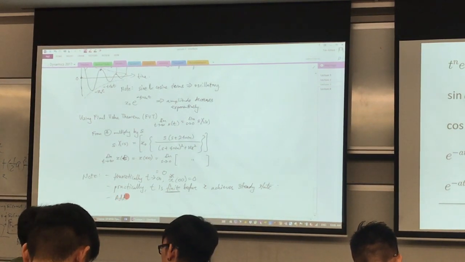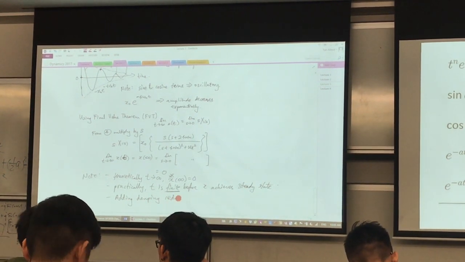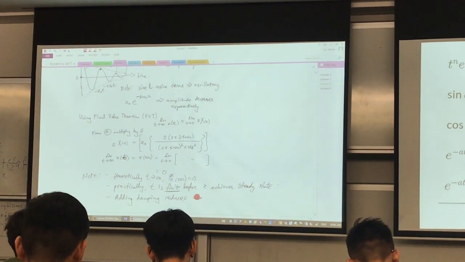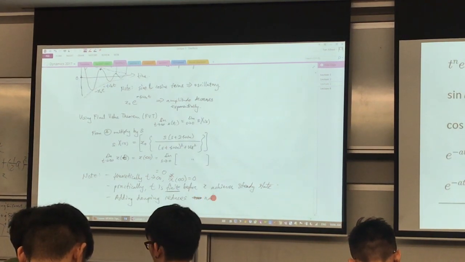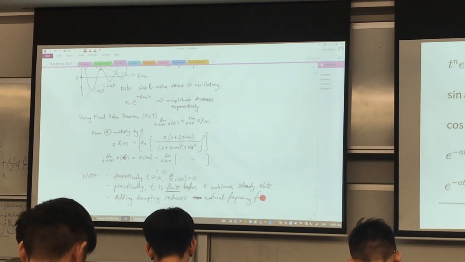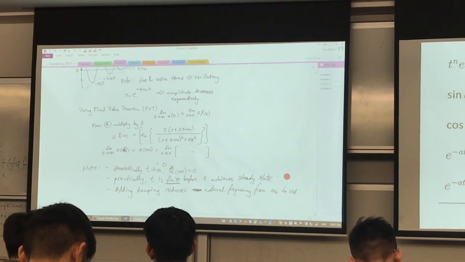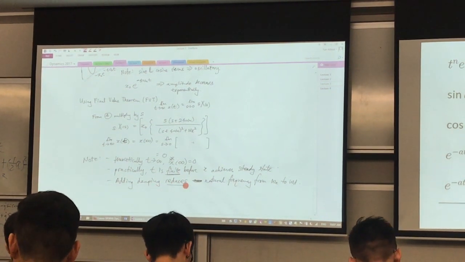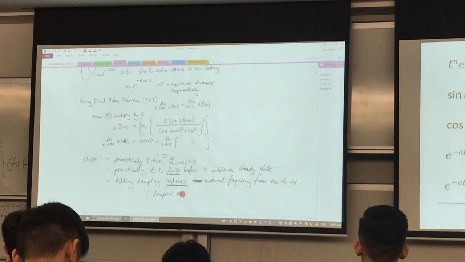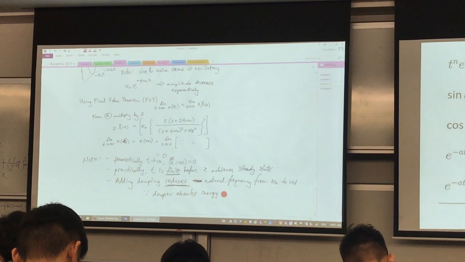The other insight: if you notice, after we have added the damping, it actually reduces the natural frequency from omega n to omega d. Why would it reduce? Because your damper absorbs the energy. That's the job of the damper.